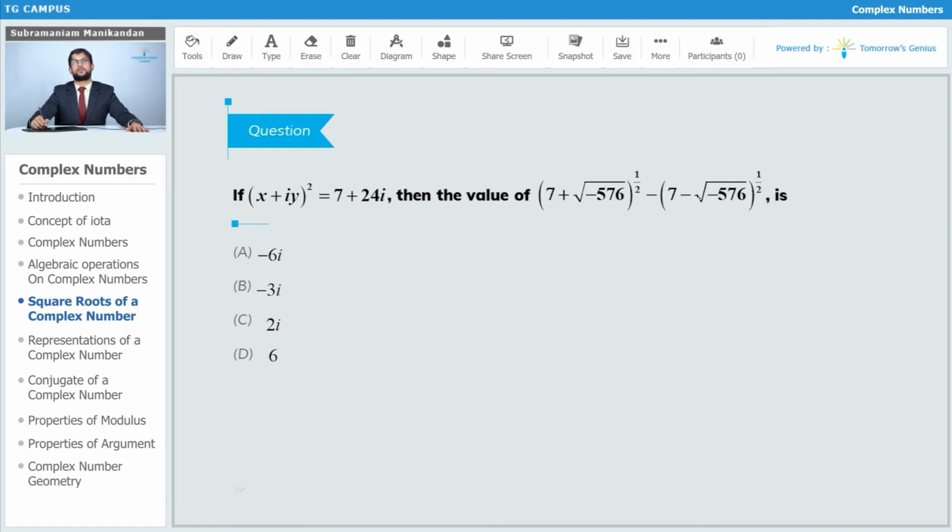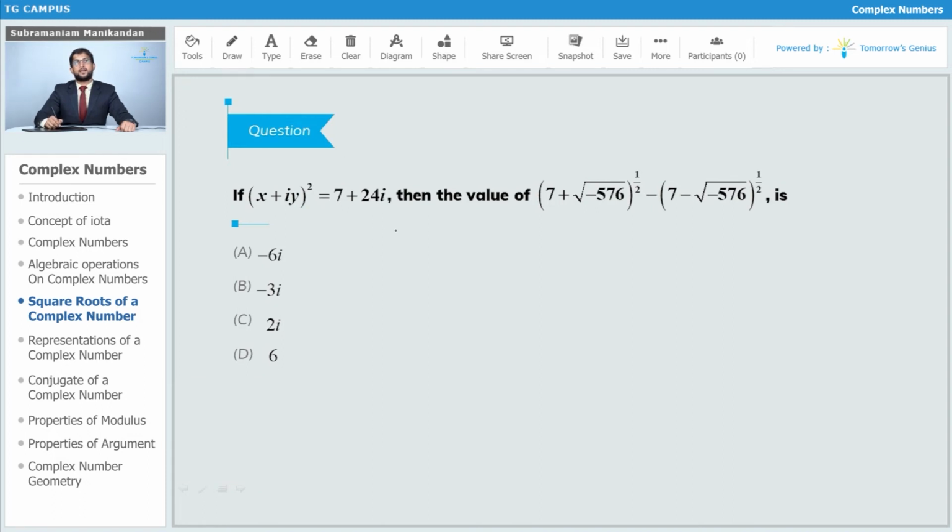Now, it's easy for me to realize that 576 is the square of 24, and so I can write minus 576 as 24i the whole square, which gives us minus 576, and so it's easy to write that as 7 plus 24i minus 7 minus 24i, but then I'll go about it in a systematic algebraic manner.